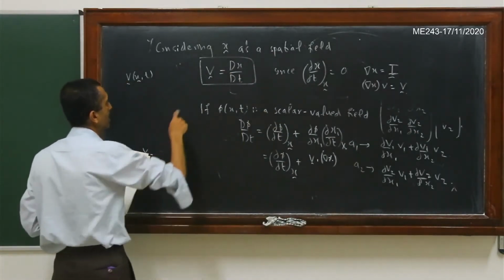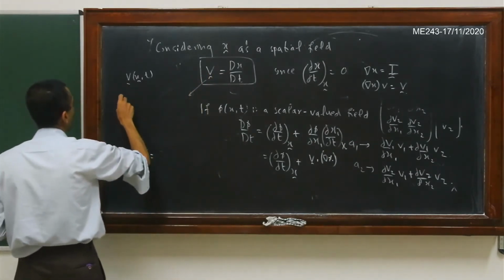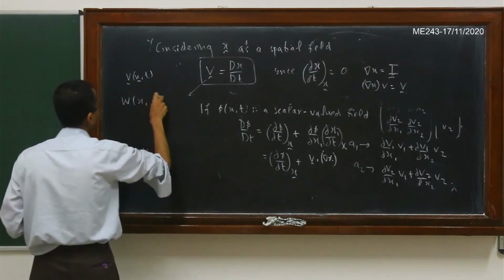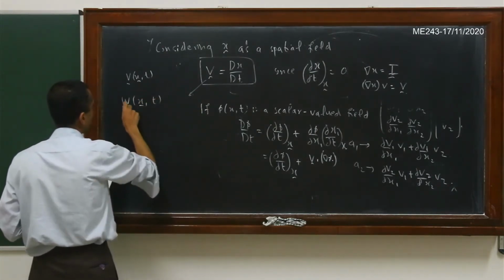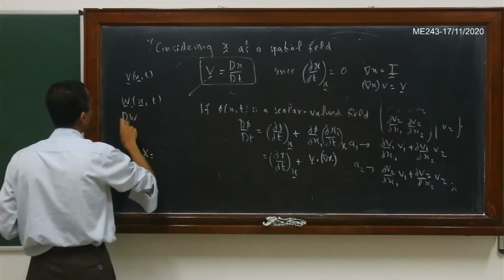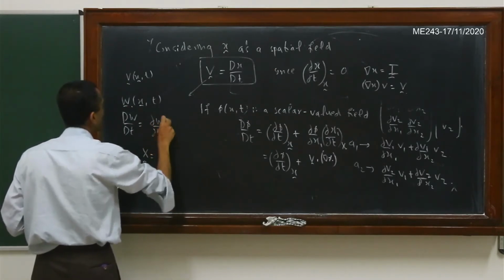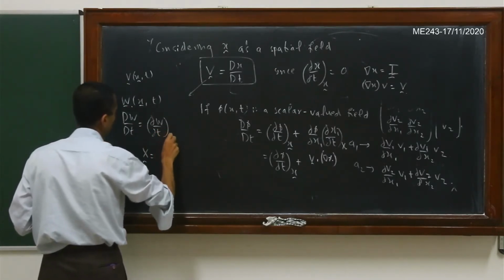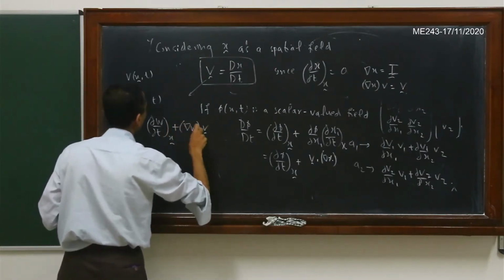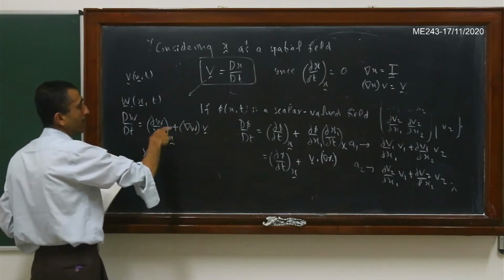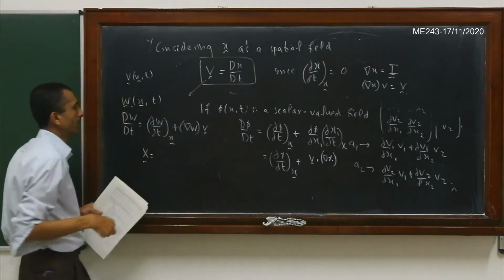Here I am using the formula that if w of x comma t is a vector valued function, then dw by dt is equal to del w by del t, keeping small x fixed, plus del w times v. Okay. Maybe I should have mentioned this result before going to this, but please note this result.